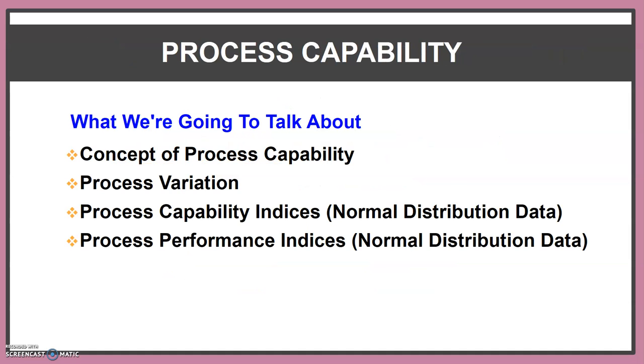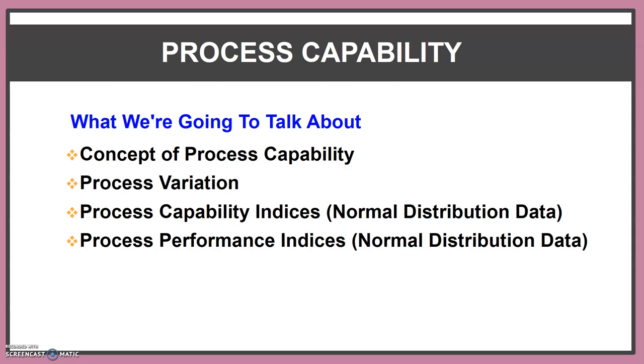As discussed in the last video, we knew that process capability refers to the ability of a process to produce the product or provide the service capable of meeting the specification of the customer or designer. Variation affects the process of producing the product to meet the customer specification.